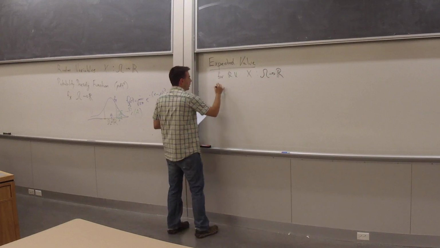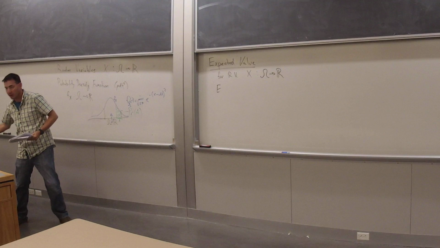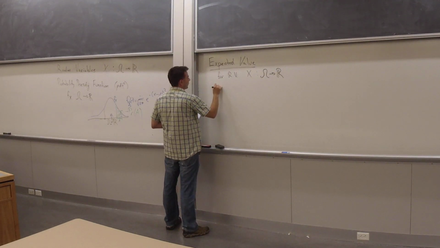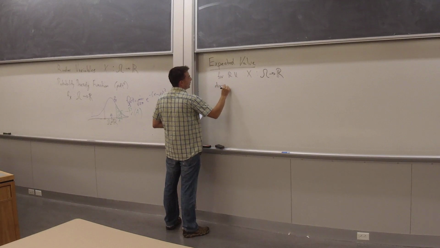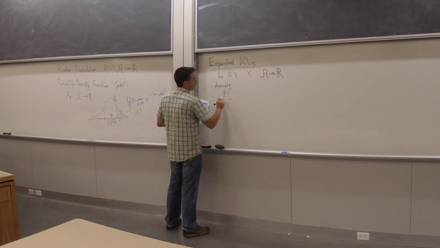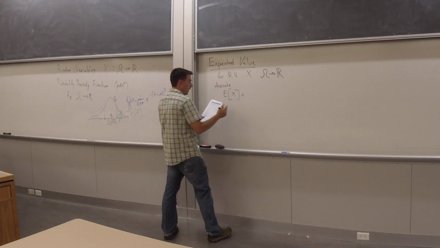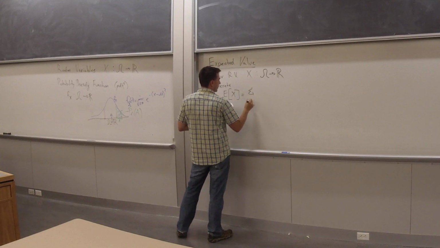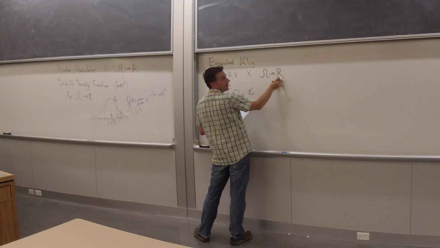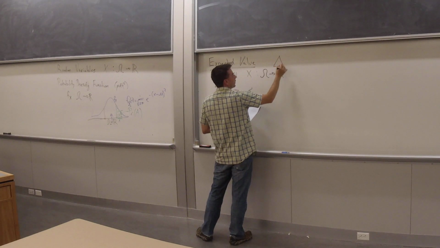Let me write this separately. There are two cases to write down. In the discrete case, the expected value, and we'll use an uppercase E, the expected value of x is going to be the sum over, and this discrete set will be some subset of this domain. Let me call it lambda.